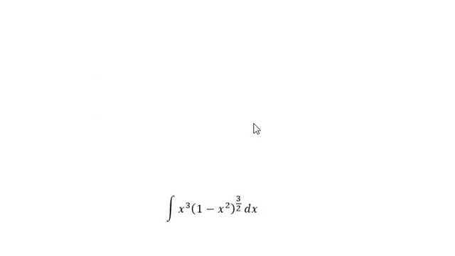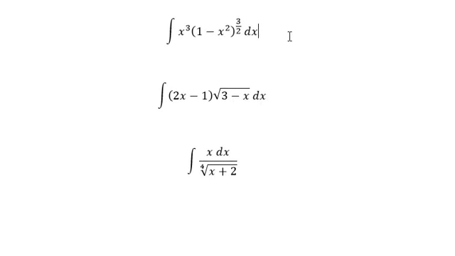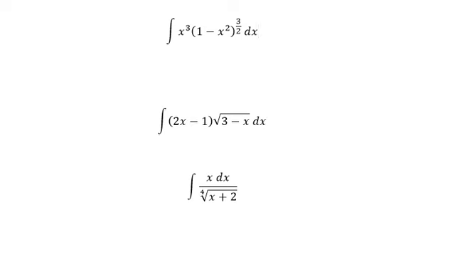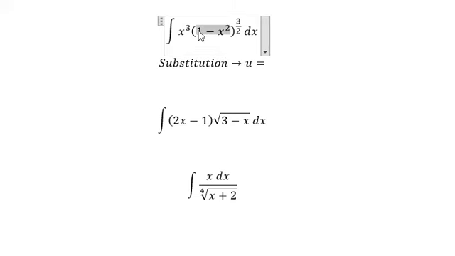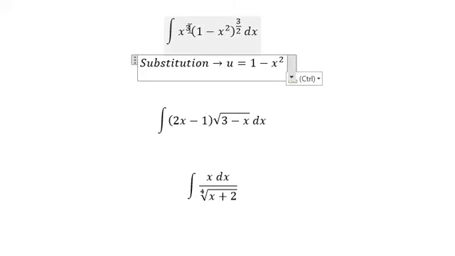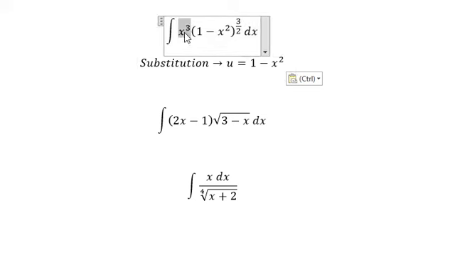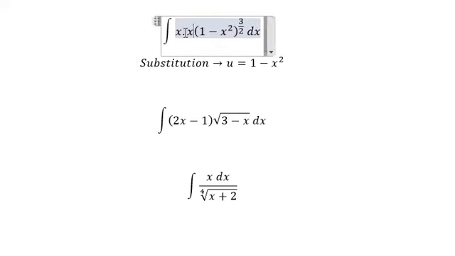Now let's go to the next one. We need to use integration by substitution. So we put u equals to this one. S to the power of 3, you got s multiplied by s squared.